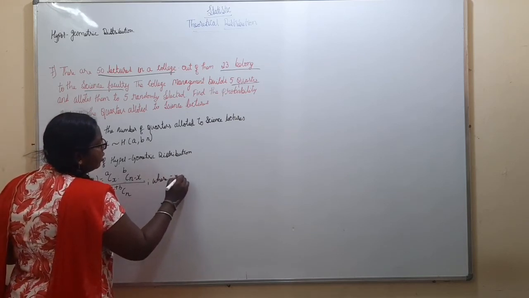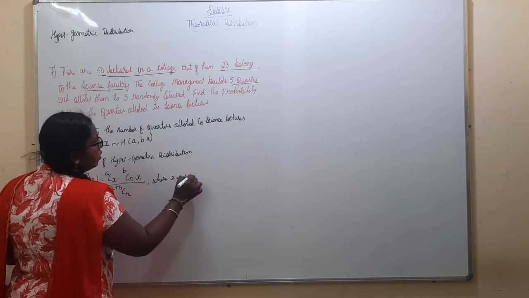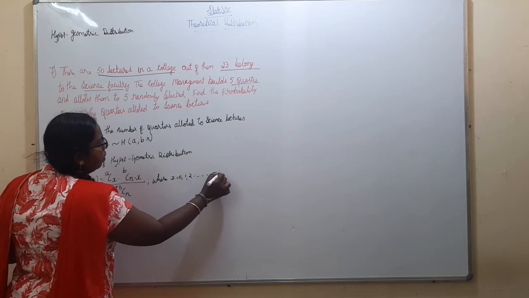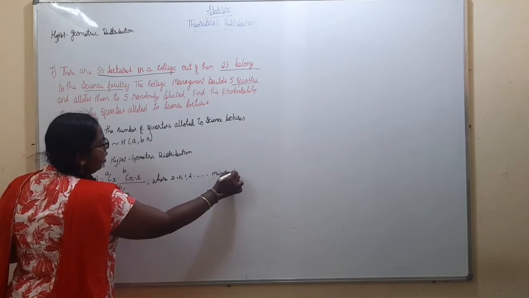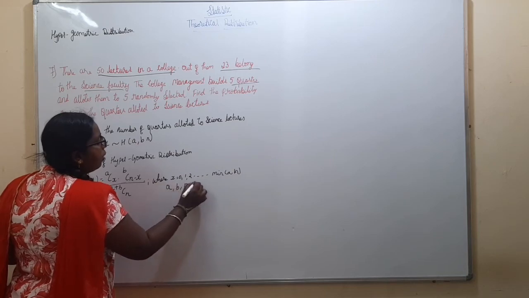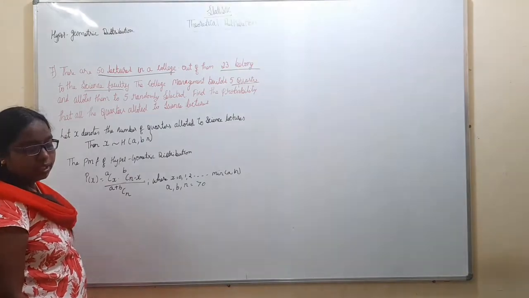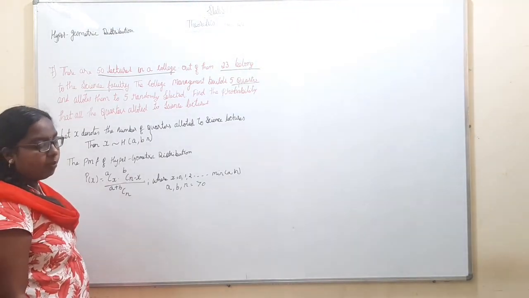Where X is equal to 0, 1, 2, 3, up to minimum of A and N, and A, B, N are positive integers greater than 0. So this is the normal formula which we will be writing.